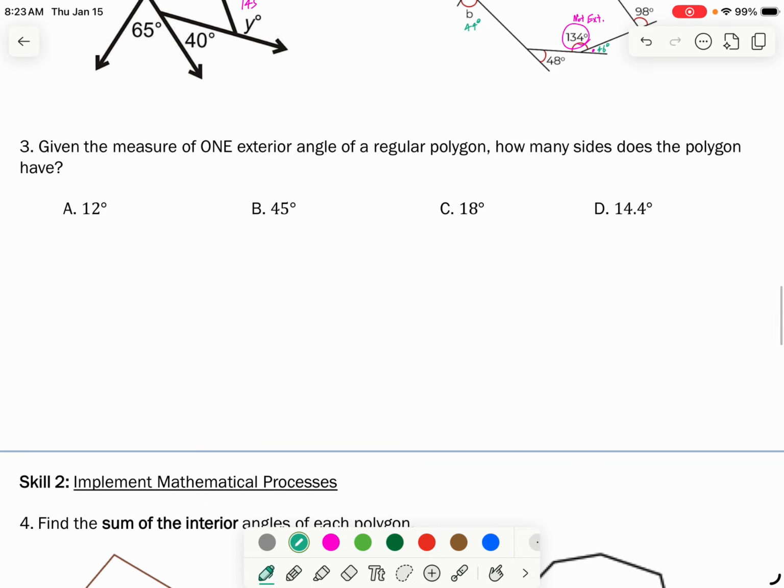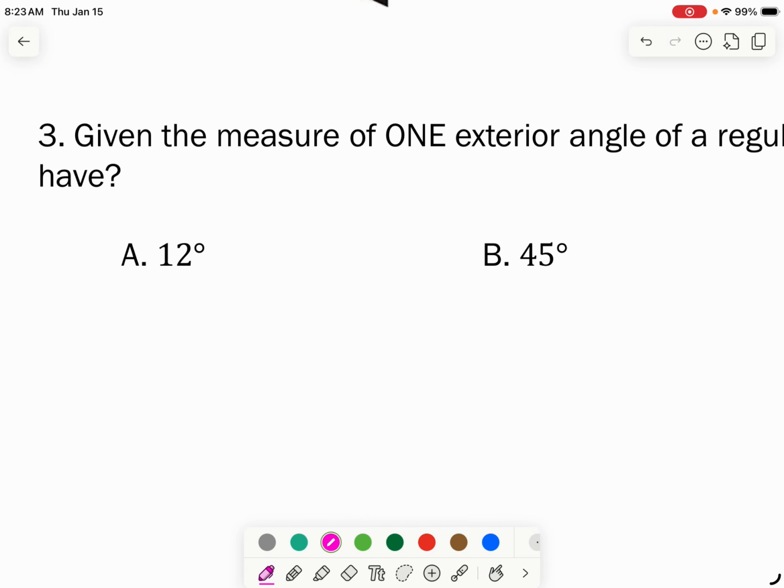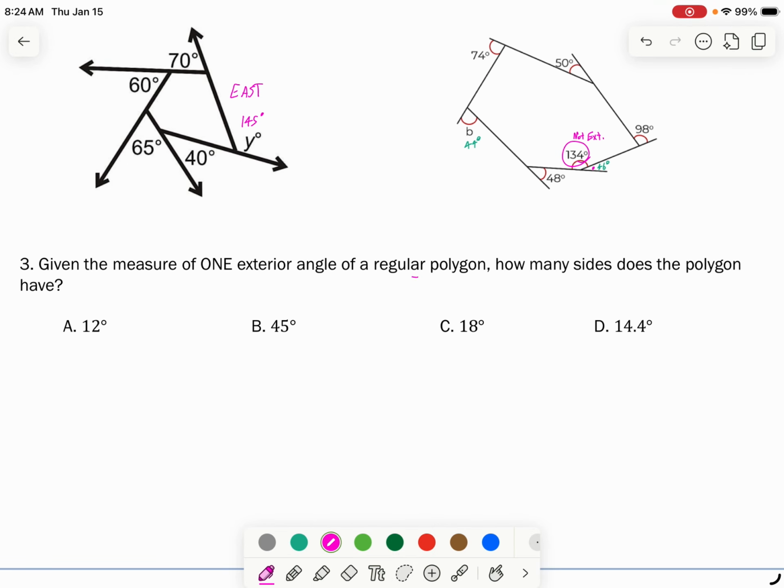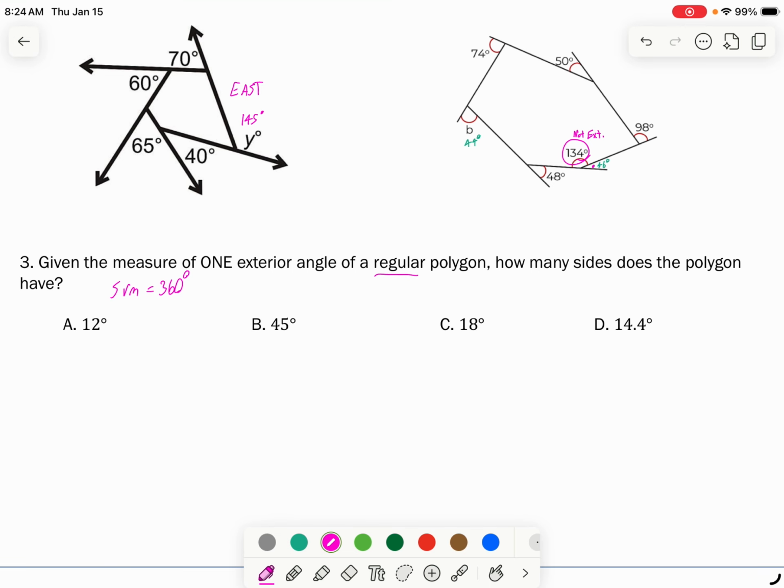Given the measure of one exterior angle on a regular polygon, how many sides does the polygon have? This is a good question because I know that the sum of all of them has to be 360 degrees. In order to get the measure of an exterior angle, we take 360 and divide it by however many sides that figure has.